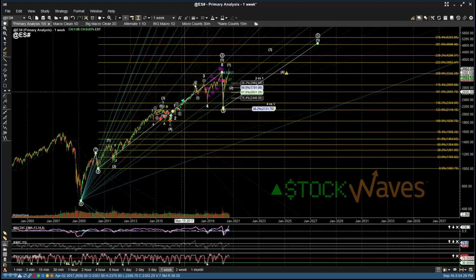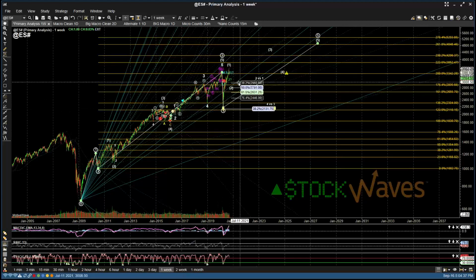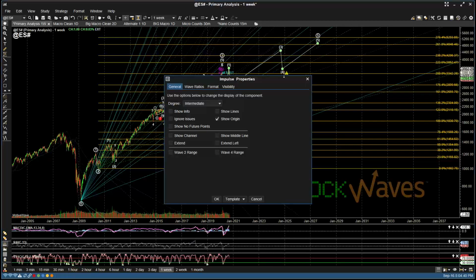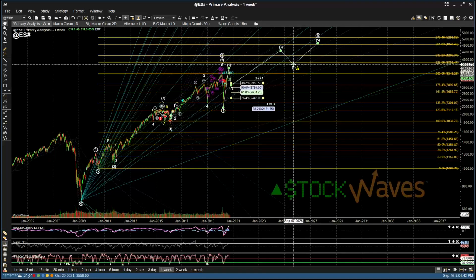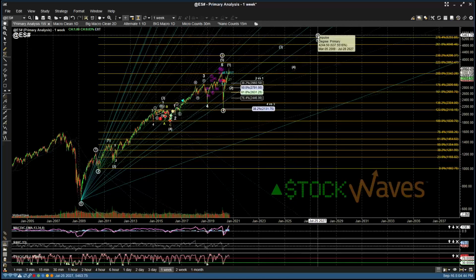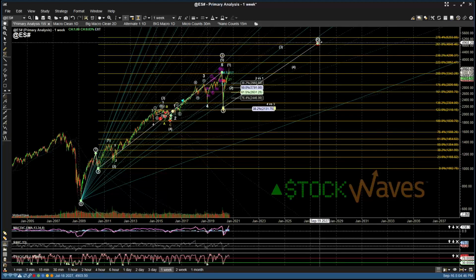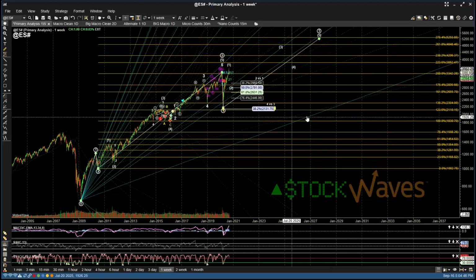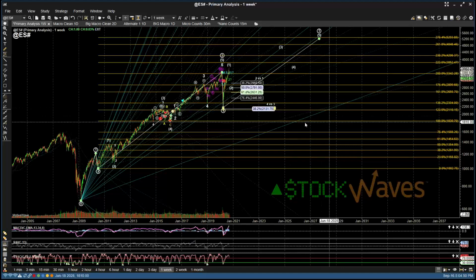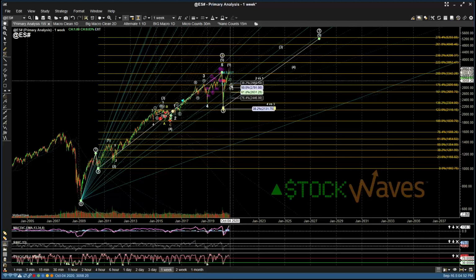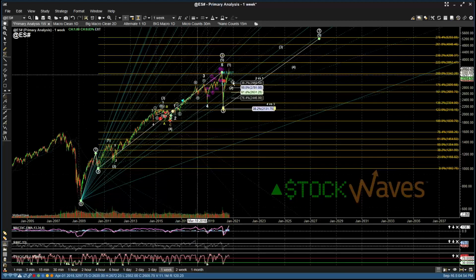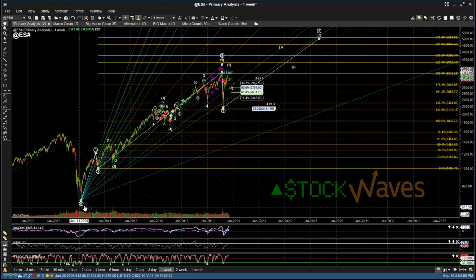This entire move either to here, and this is an expanded flat, or up to here is the primary wave 3. And then we are working on the 1-2 start of our primary wave 5 that should get us some very, very nice extension over the next several years, ideally getting a wave 2 retrace. So this will complete 5 waves up off of 2009.